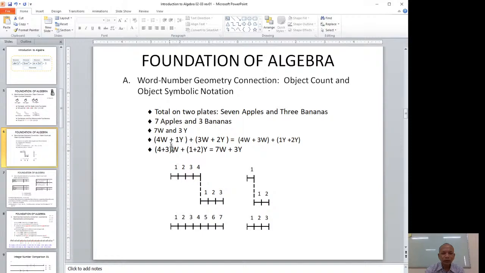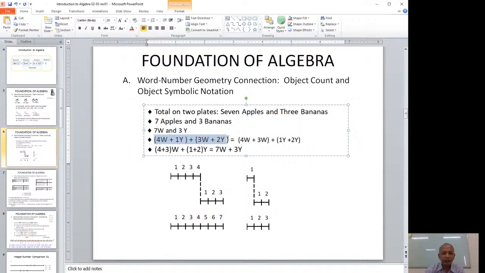So here in the expression 4W plus 1y plus 3W plus 2y equals 4.